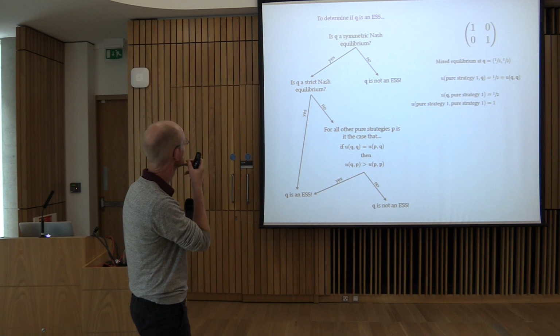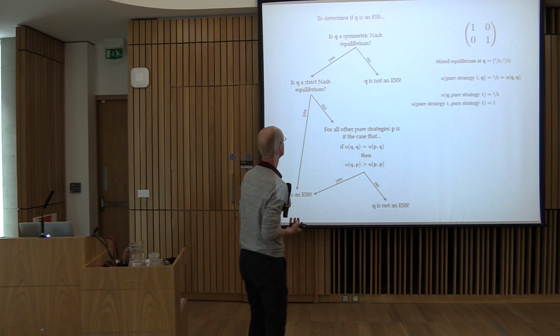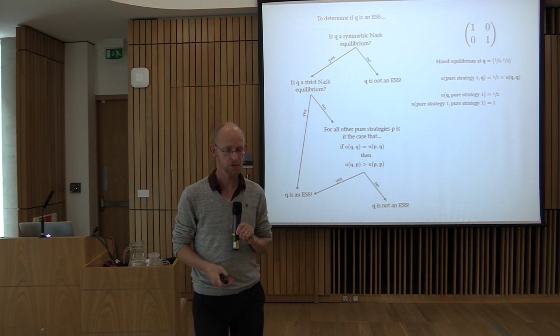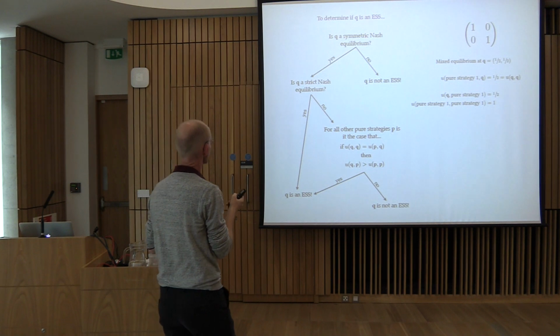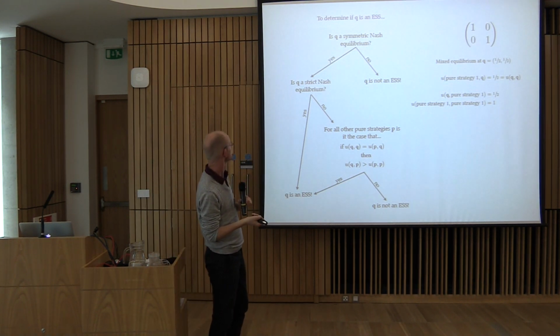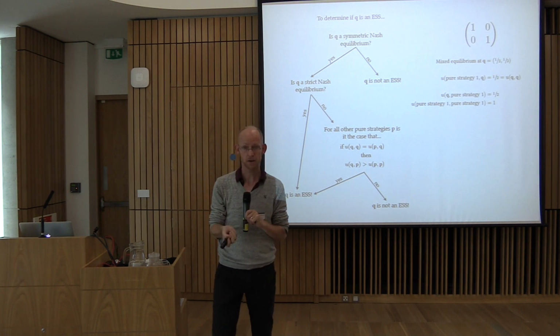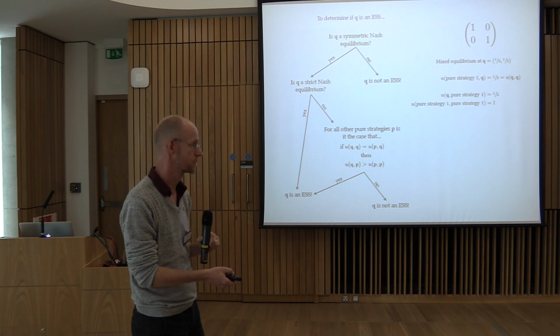So if you want to see whether a mixed strategy is an evolutionary stable strategy, this is the basic way to do that. First you check, is this mixed strategy a symmetric Nash equilibrium? If it's not symmetric, forget it. It has to be symmetric. Okay.